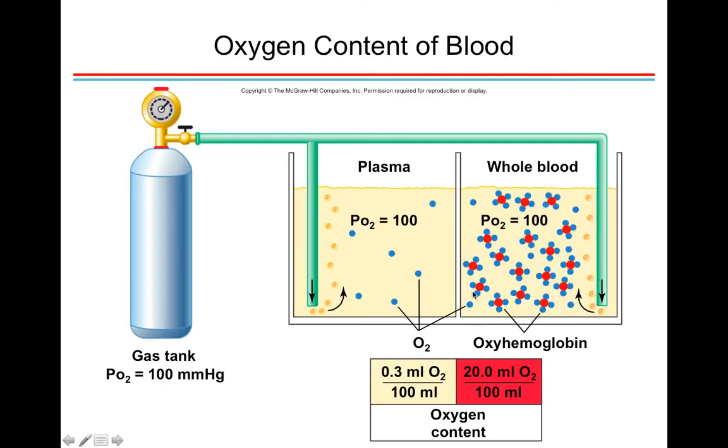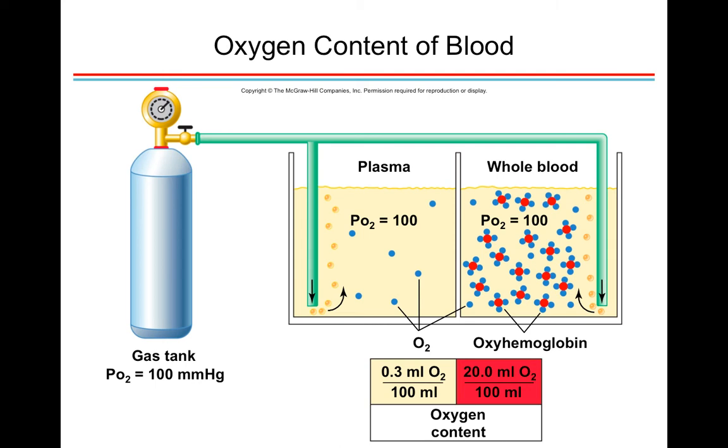The reason that the pressure of oxygen is 100 millimeters mercury in both of these compartments is that the pressure of oxygen only looks at the free oxygen floating in the solution. In blood, the oxyhemoglobin is located inside of red blood cells, so that oxygen is not detected when we talk about the pressure of oxygen. The pressure of oxygen is just the free oxygen in the blood and not the one in the hemoglobin.